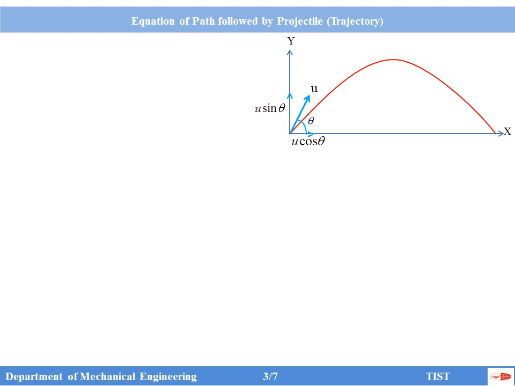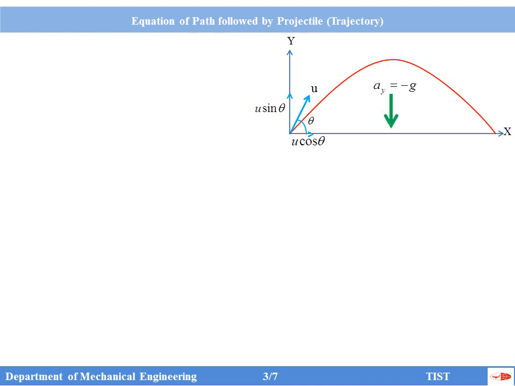At any point you can draw the velocity, and if you know the angle theta with respect to the x-axis, you can find out u cos theta and u sin theta. Now remember, this theta will change. As the direction of velocity changes, this theta also changes, right? Initial velocity is u.